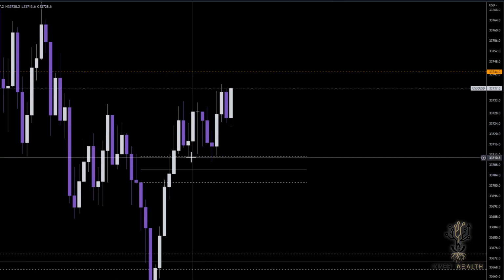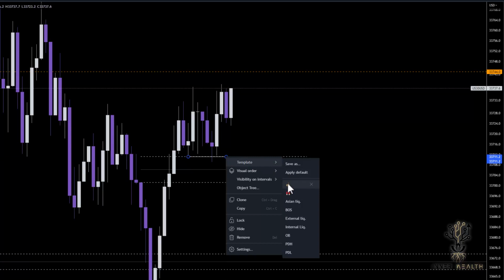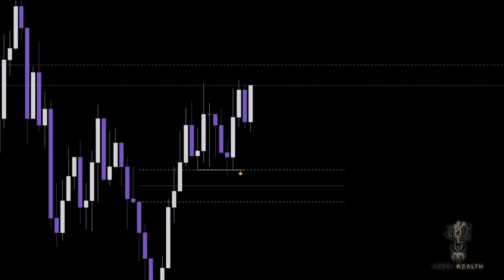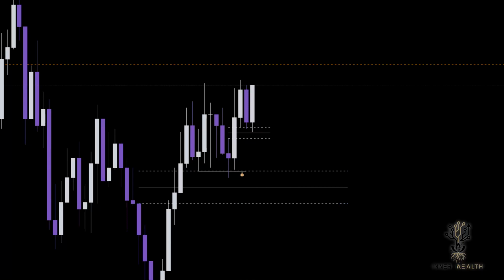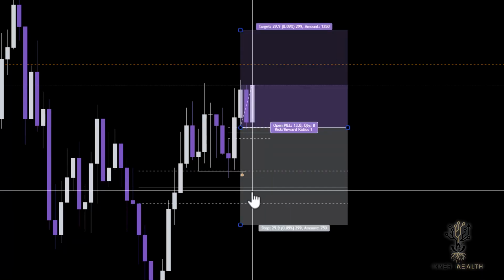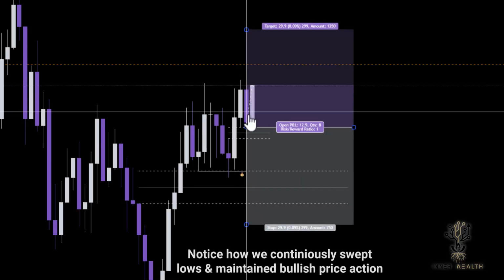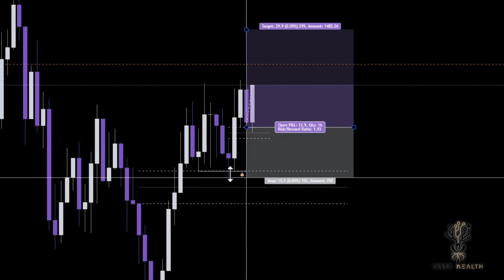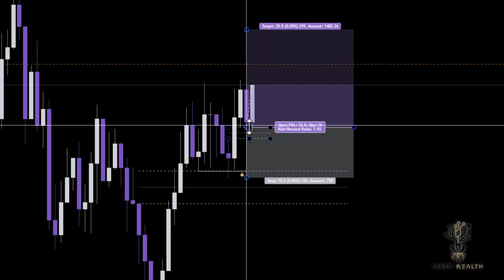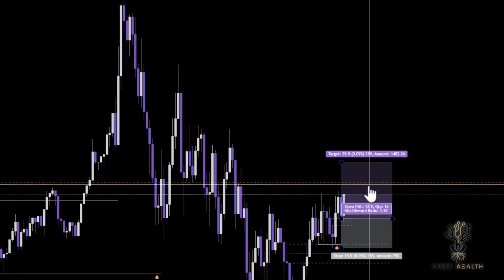Once we enter that imbalance, sweep this previous low, we create an insufficiency. The insufficiency, excuse me, it's what creates that level of support, that indication that we're going to have more upside movement.